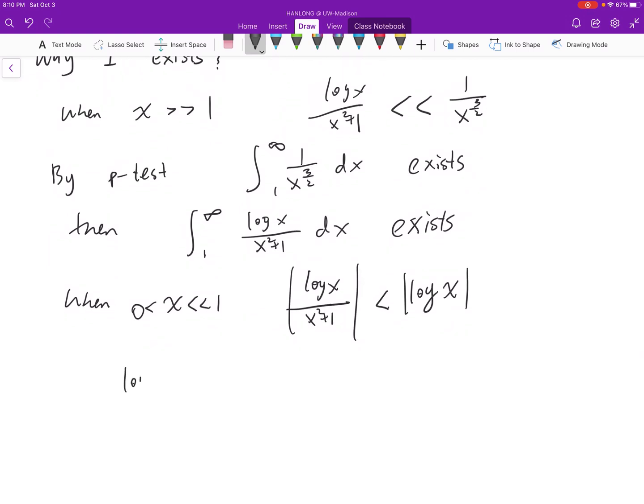Now for the absolute value of log x, the integral from epsilon to 1, we can explicitly compute.